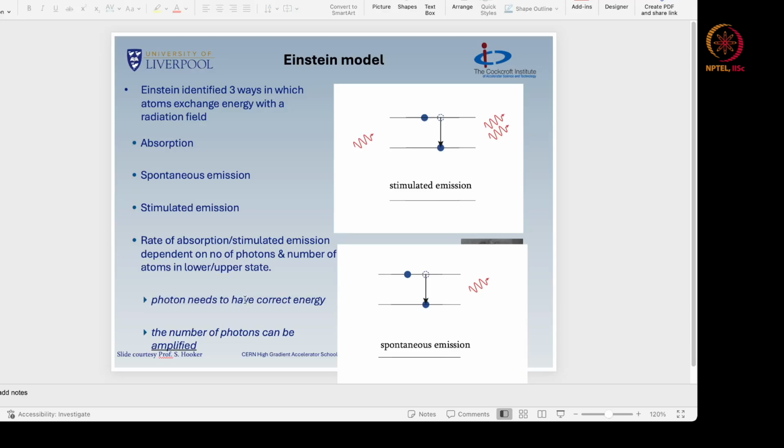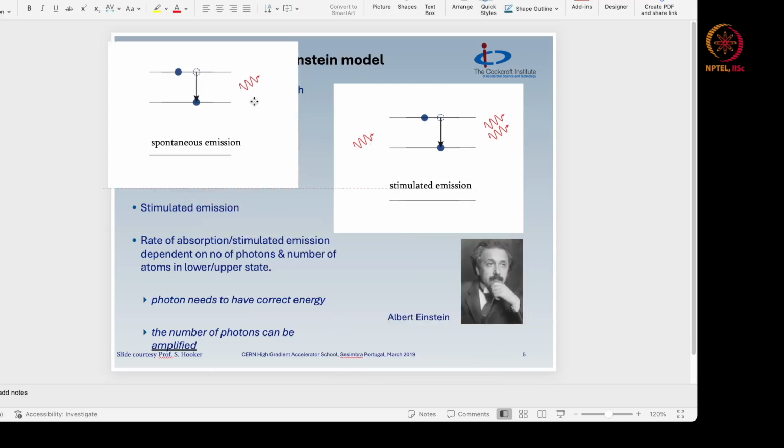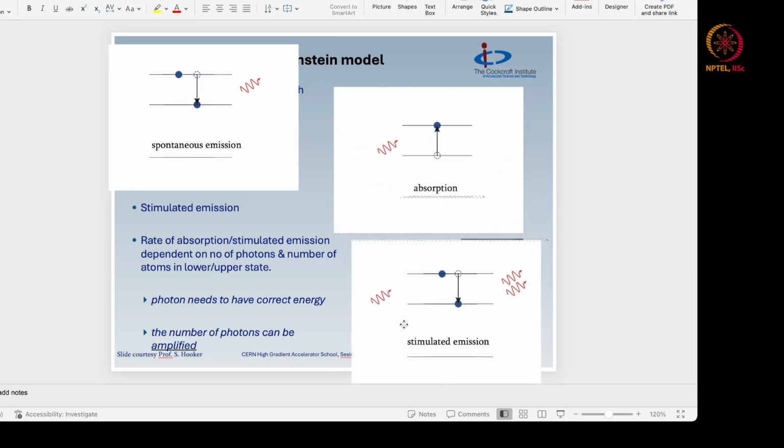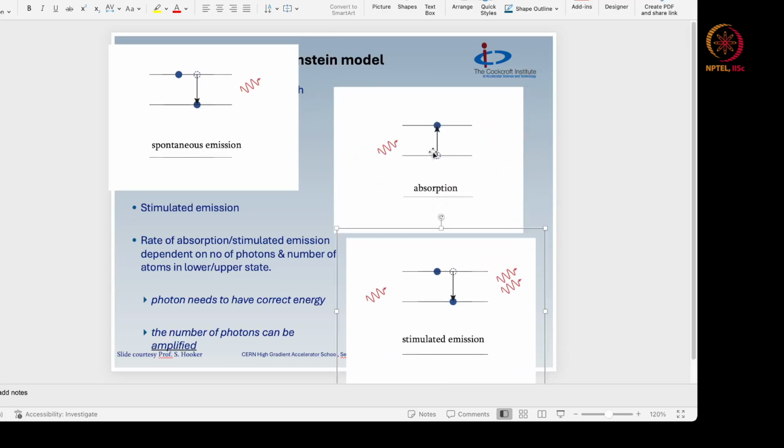If it does not, then in the case of absorption, it will not be able to promote the electron from the lower to the upper energy level, and it is also not going to be able to knock off the electron from the upper level. You won't have two photons of exactly the same color.